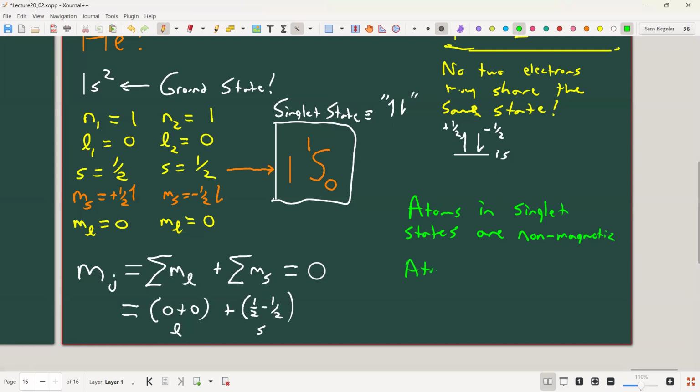And atoms in doublet, triplet, etc. states are magnetic. This is a consequence.